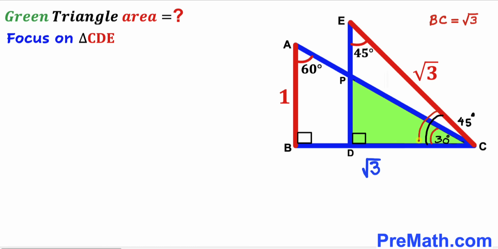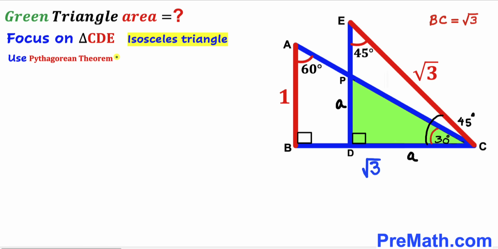So triangle CDE is an isosceles triangle, since this angle is 45 degrees and this angle is 45 degrees as well. So we conclude that side DE is going to be equal to side CD. If I label side CD as lowercase a, then DE has got to be lowercase a as well.